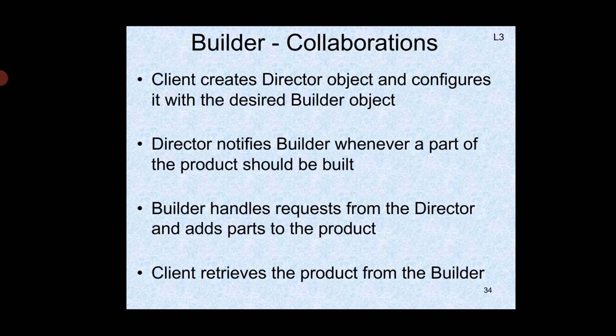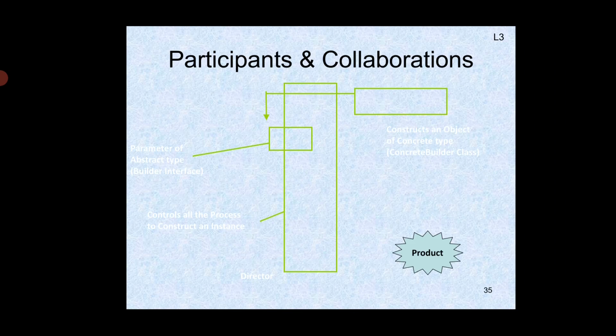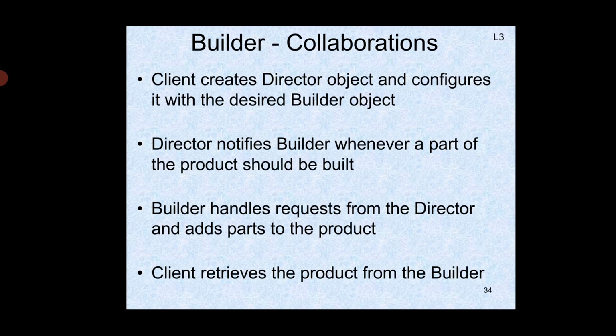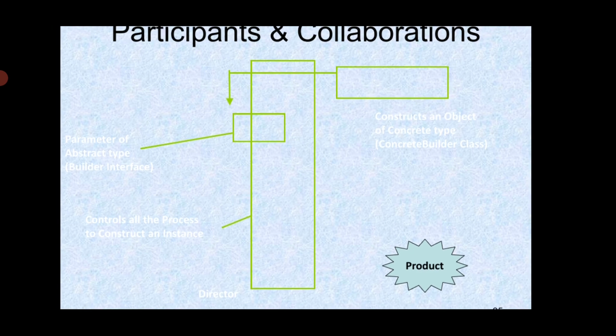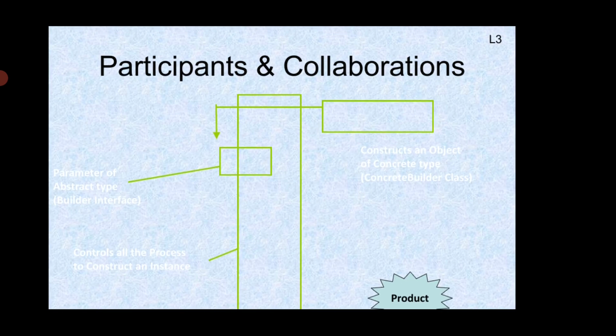Coming to the builder collaboration and participants, let us see the builder participants. Look at this diagram: the product is a parameter of abstract type, a kind of builder interface.